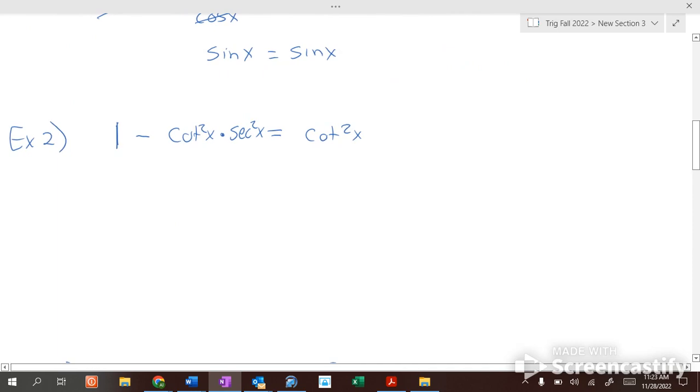Okay, let's look at this one. 1 minus cotangent squared times secant squared equals cotangent squared. So, we can only change the left-hand side. What on the left-hand side would we change?